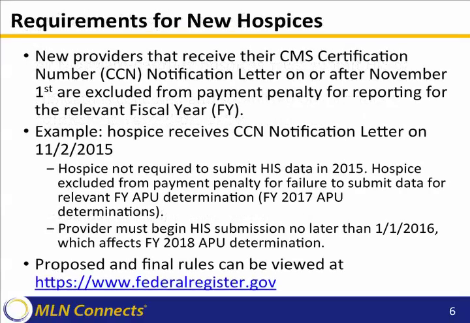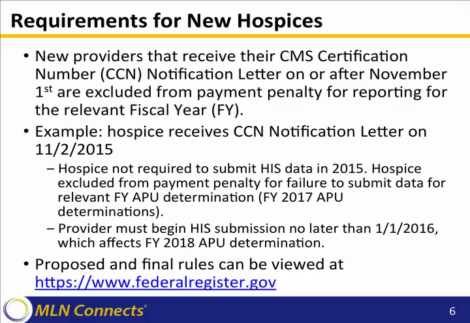Reporting eligibility and requirements for new hospice providers are addressed by CMS through rulemaking. Whether or not a new hospice is required to report quality data to CMS depends on when that hospice receives their CMS Certification Number, or CCN, notification letter from CMS.